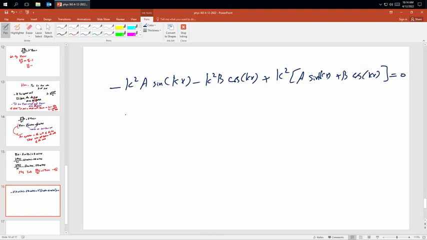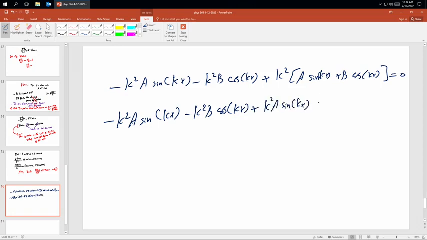If you actually open up the parentheses, what you're going to have is minus k squared a sine k of x minus k squared b cosine k of x plus k squared a sine k of x plus k squared b cosine k of x is going to equal to 0.